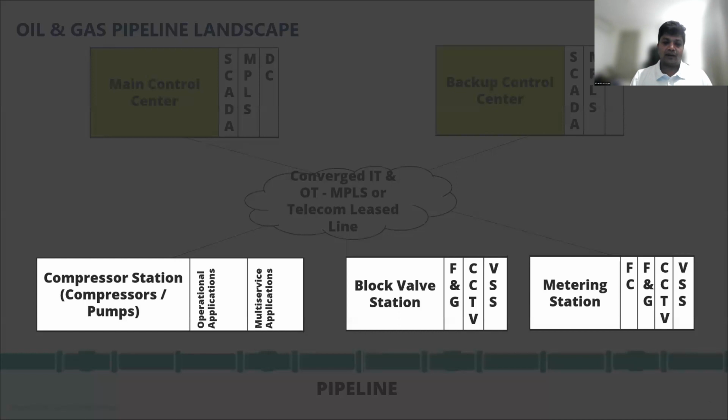Now, if we look at what could be the different problems if we don't have a very secured architecture, multi-layered zero trust architecture, there can be web crawl. I'm just giving a few examples.